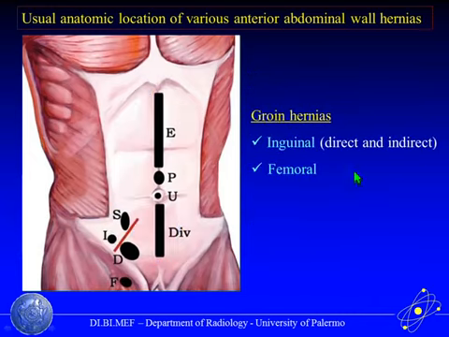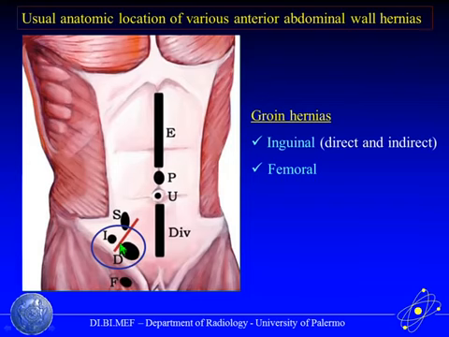Groin hernias arise in this part of the abdominal wall, and please take note of this red line that represents the inferior epigastric vessels. This is an important anatomical landmark, as we'll learn in a few minutes. We can divide inguinal hernias into indirect and direct.